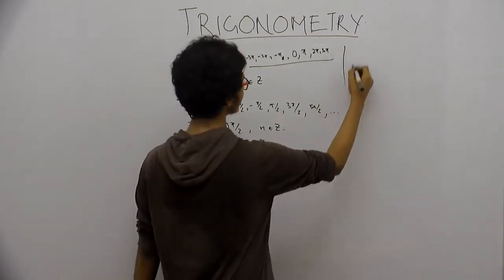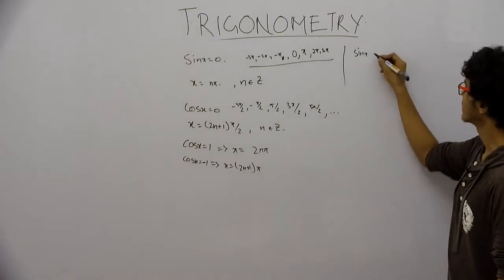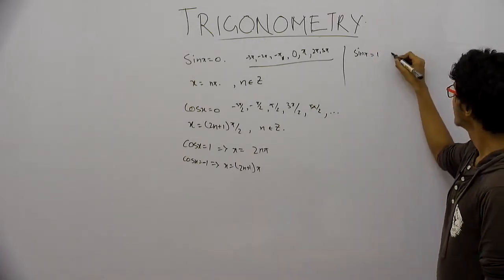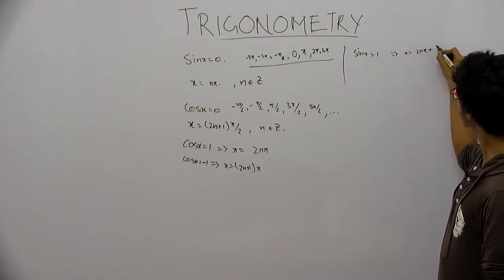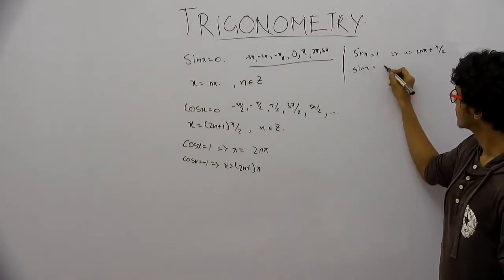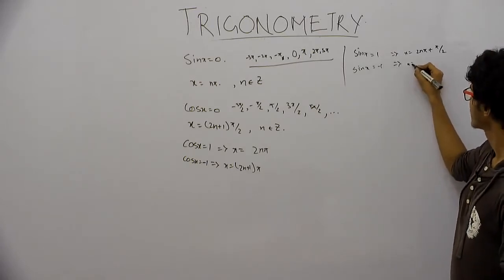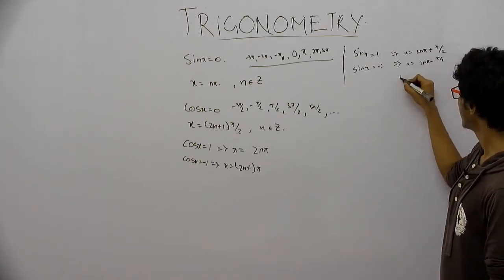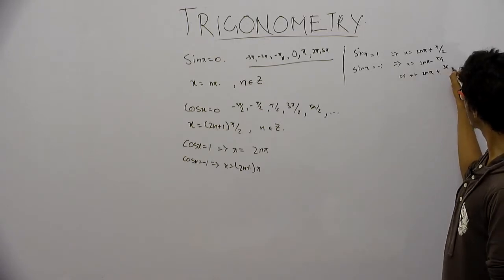Similarly for sin x, it will be 1 at all pi by 2, that is, it implies x equals 2n pi plus pi by 2, and sin x is minus 1 for all x equals 2n pi minus pi by 2, or x equals 2n pi plus 3 pi by 2.